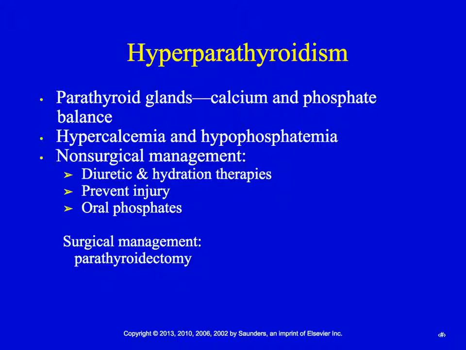And then post-operatively, if they leave a few of the parathyroid glands in, it may take a few days for these glands to actually function properly. So the exact opposite is going to happen post-operatively.